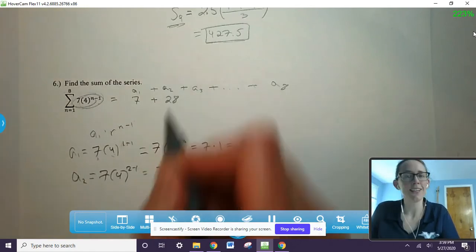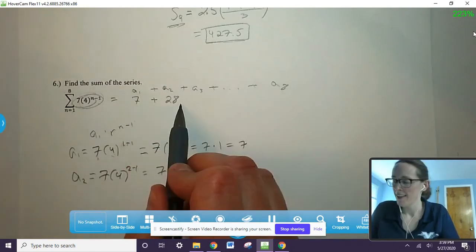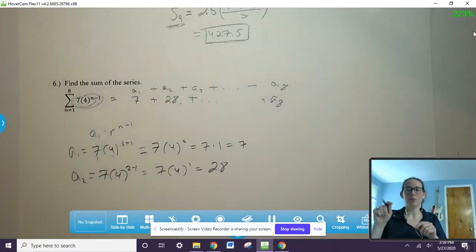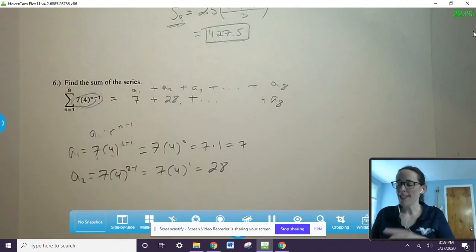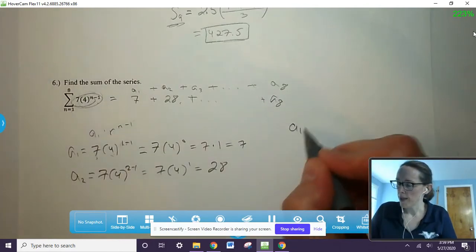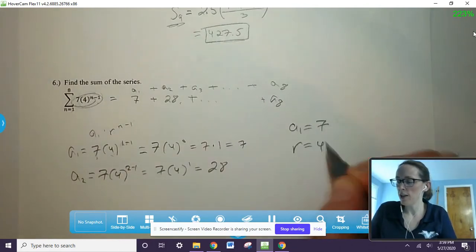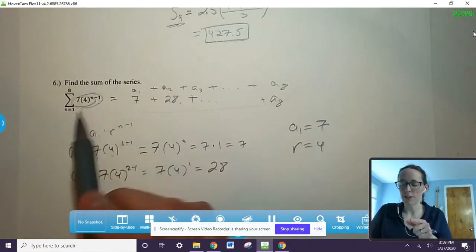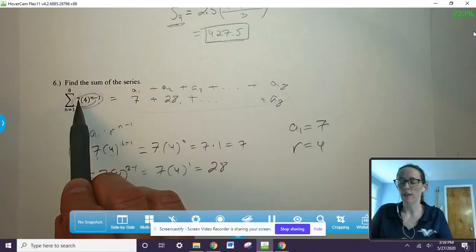And do you see here, to get from 7 to 28, you multiply by 4. And we actually don't need to do anything else. We don't even need to find the 8th term. Because remember, for geometric, all we need is the first term and the common ratio. So we actually didn't have to do any of this work at all if we recognize that this is geometric, and we can figure out that 7's the first term and the common ratio is 4.